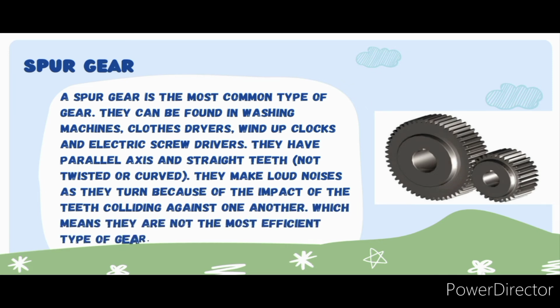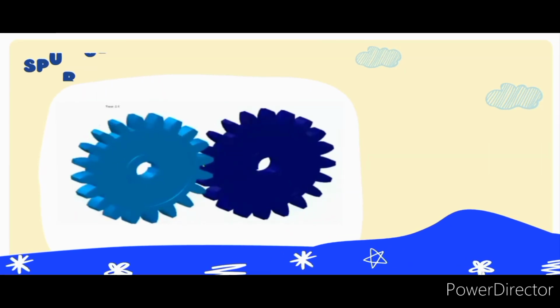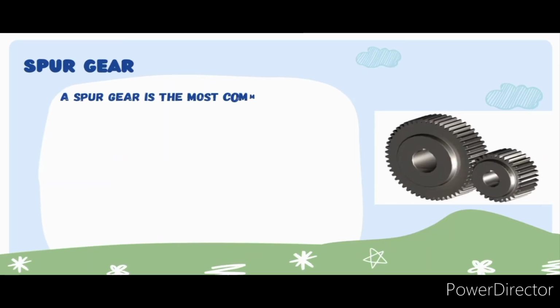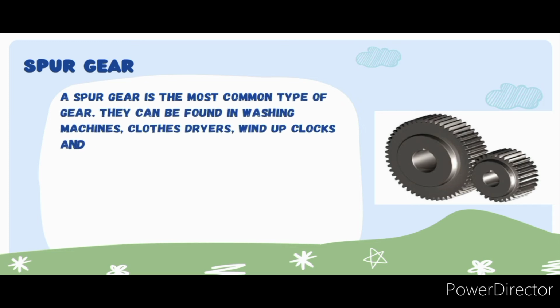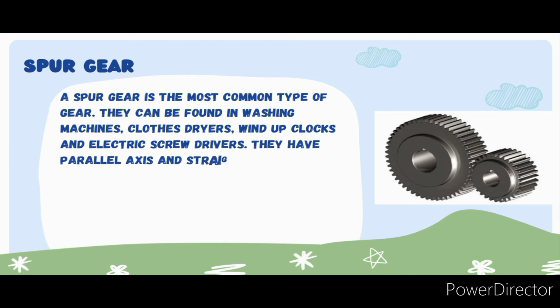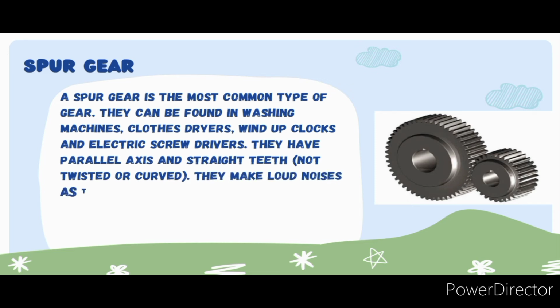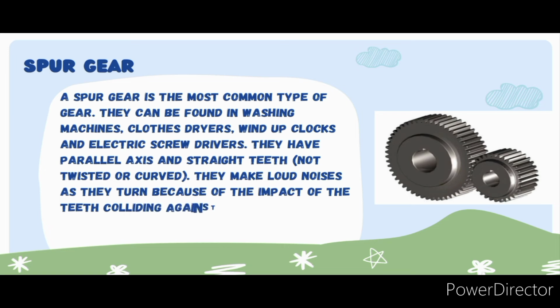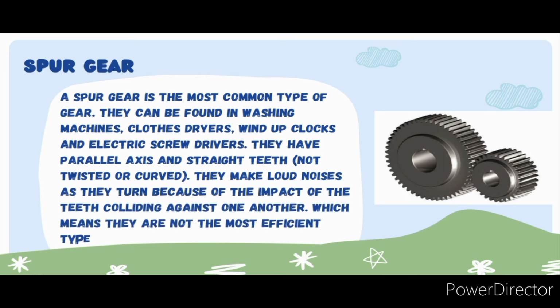Remember, one gear does not work alone; two or more work together. If they make loud noises, it means they are not very efficient. Helical gears are a variation of spur gears.